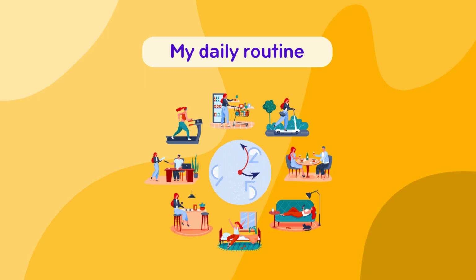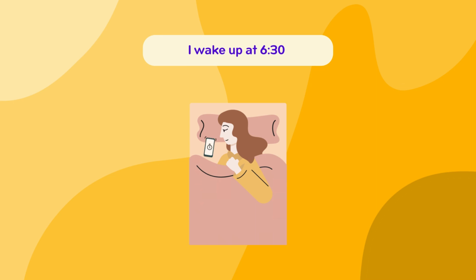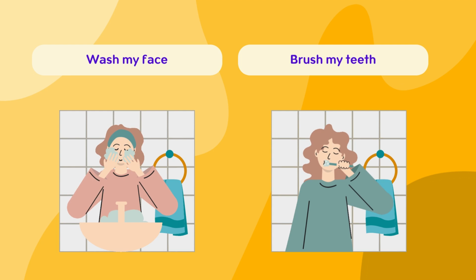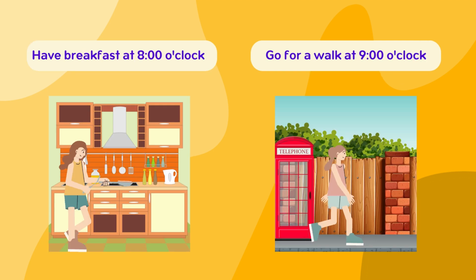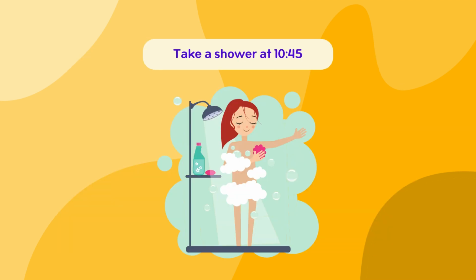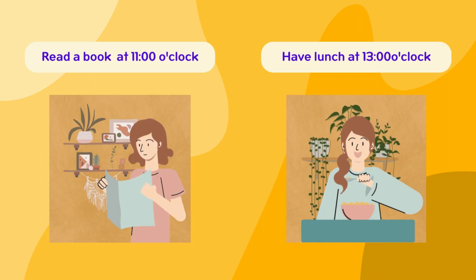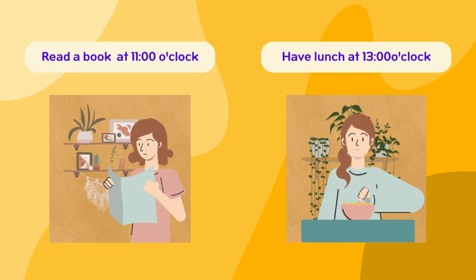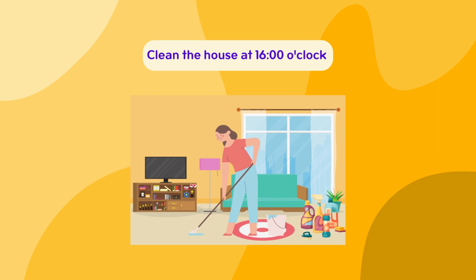Now that we learned about action verbs, let's talk about our daily routine. I go first. Here is my daily routine. So, I wake up at 6:30, wash my face, brush my teeth, have breakfast at 8 o'clock, and then go for a walk at 9 o'clock, take a shower at 10:45, read a book at 11 o'clock, have lunch at 1 o'clock, then I clean the house at 4 o'clock.